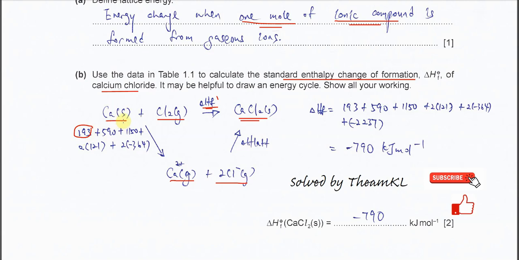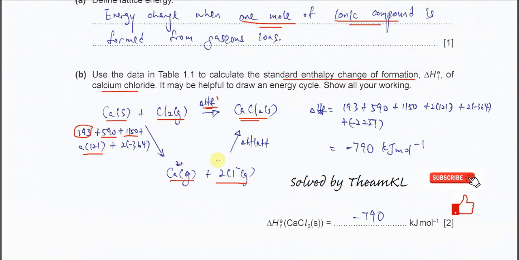After that, the gaseous atom will undergo ionization, and it needs to release or remove 2 electrons. So this is the first ionization energy, and this is the second ionization energy. So this part is for the calcium to form the calcium ions, and this one is the enthalpies for the chlorine to form chloride.